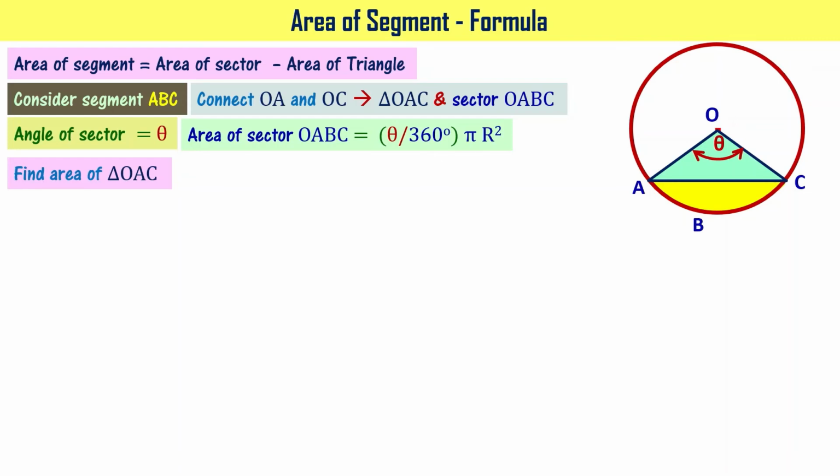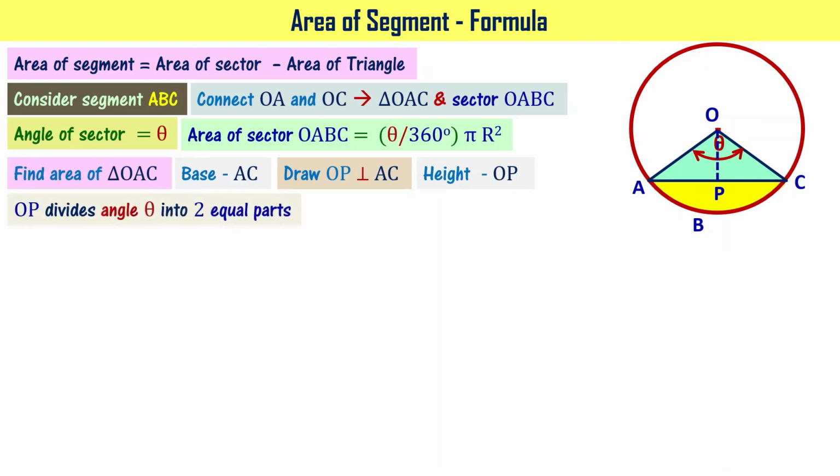And we know that area of triangle can be defined as half base times height, right? For this particular triangle, base is AC. Let's draw OP perpendicular to AC such that it becomes height of the given triangle, right? So height is going to be OP. It means, as you see here, OP divides angle theta into two equal parts, right?